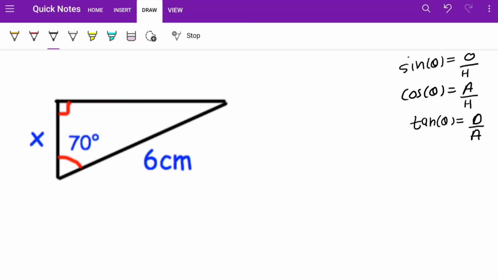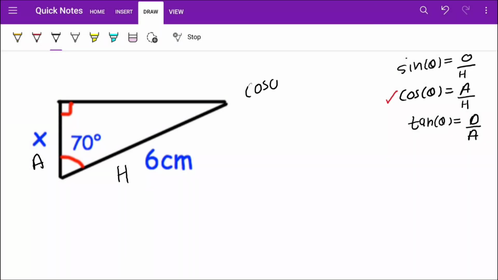So here we are given a right angle triangle and we want to find X. First thing, label the triangle. We are given the hypotenuse and X is adjacent. So we want to use a trigonometry function which involves A and H, and you can see that it is going to be cos theta equals A over H. So cos 70 equals A is X and H is 6 centimeter.